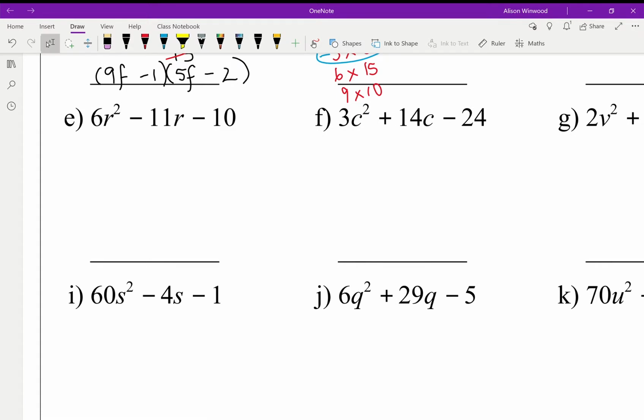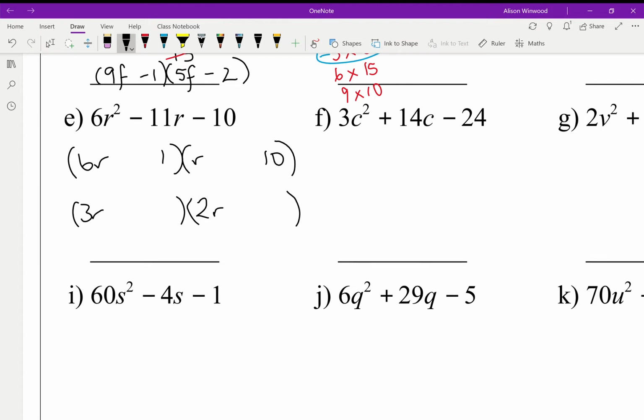So for example, this next one, I could just try different combinations, because to make 6, I could have 6r and r, or I could have 3r and 2r. To make 10, I could have 1 and 10.